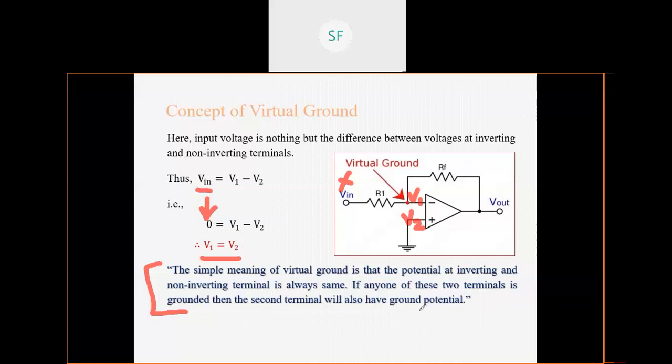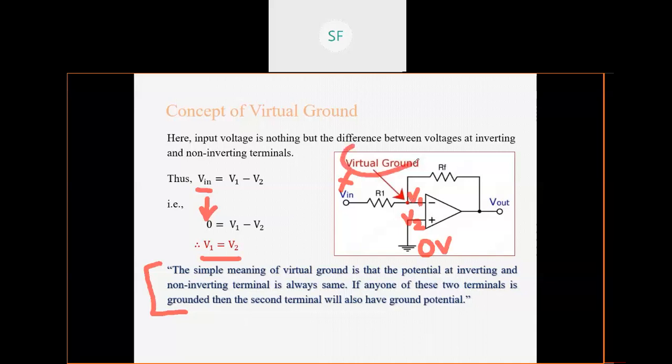Now this is very important. We have understood V1 will always equal V2. But now you can observe in this circuit diagram that V2 is connected to zero potential. This is ground potential, 0 volt. So we can clearly state that by using the concept of virtual ground, this particular point can also be treated as ground.